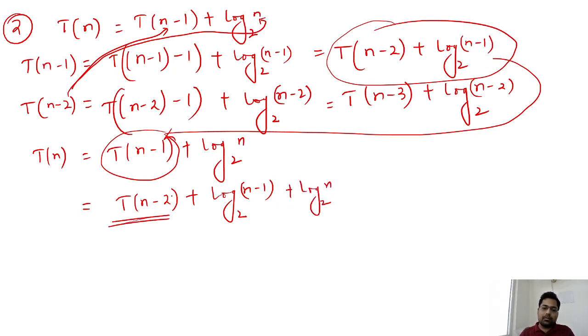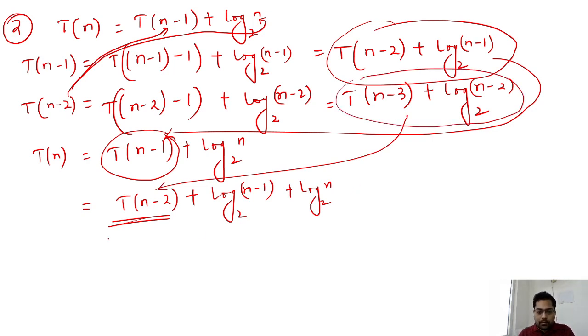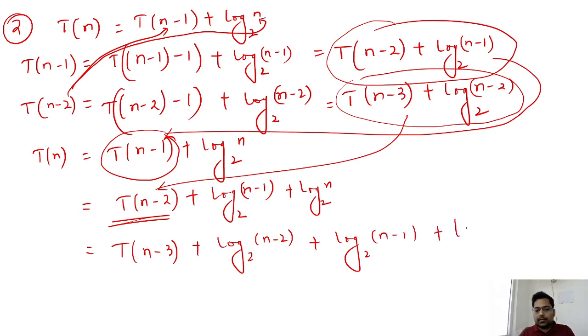Now to put the value, you take this value and you put it here: T(n minus 3) plus log base 2 (n minus 2) plus log base 2 (n minus 1) plus log base 2 n. So exactly what we are finding, there is some pattern in the value we found.